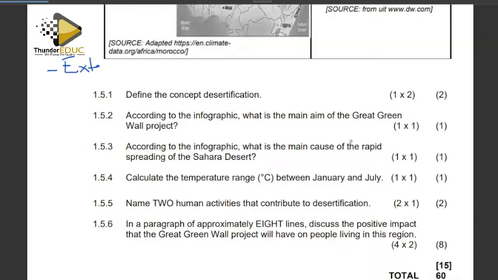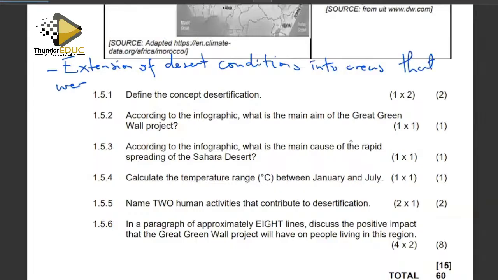Is the extension of desert conditions into areas that were once suitable for productive agriculture.